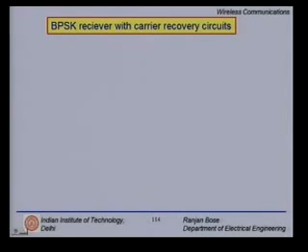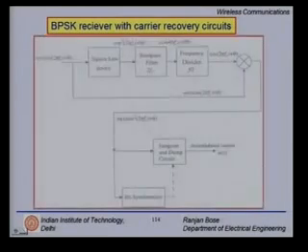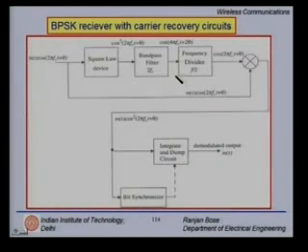Let us now briefly talk about the BPSK receiver with carrier recovery circuit. So here is your m(t) cos(2 pi fc t + theta), which we saw in the previous slide as your BPSK modulated signal. That is first passed through a square law device, which generates cos squared(2 pi fc t + theta).